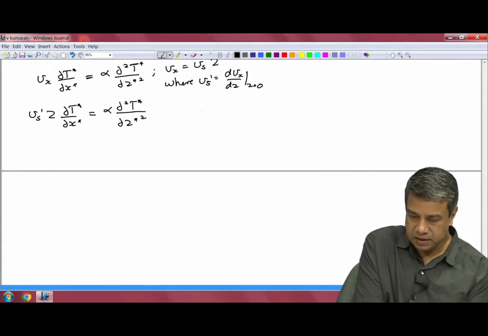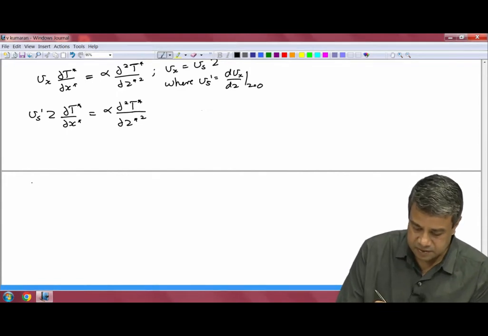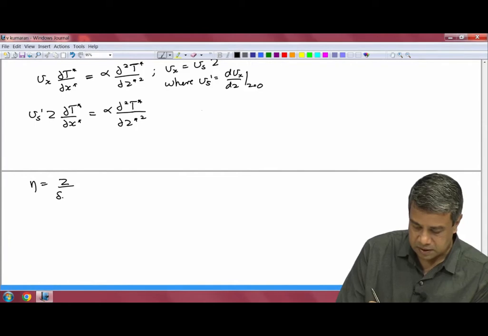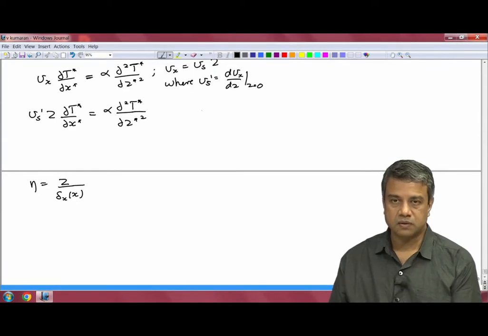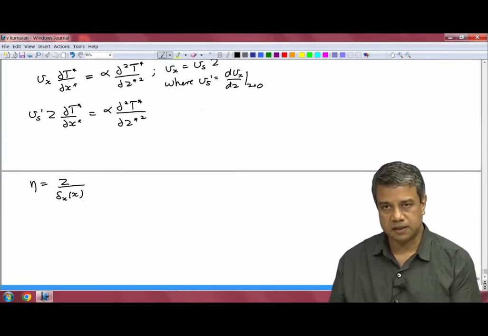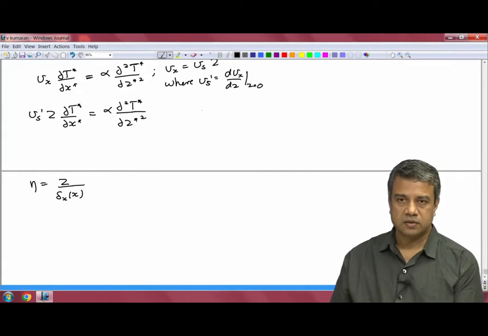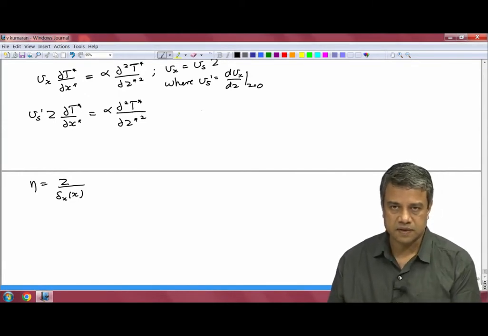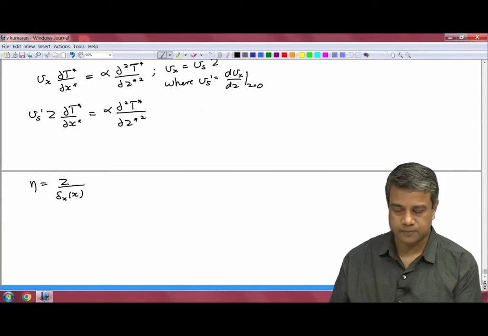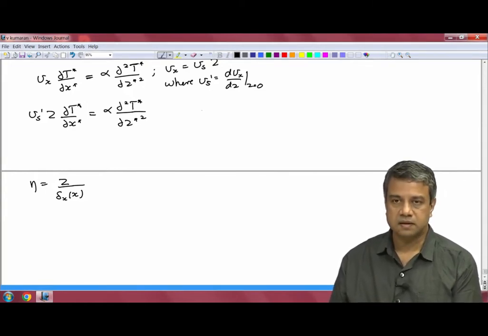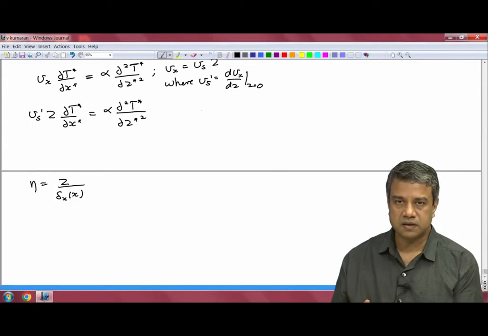So, on that basis we had defined a similarity variable eta is equal to z by delta x, which is a function of x. Delta x is a boundary layer thickness which will go to 0 in the limit as the Peclet number goes to infinity, so that the disturbance due to the surface heating is confined to a thinner and thinner region close to the surface as the flow velocity or the convection becomes larger and larger.